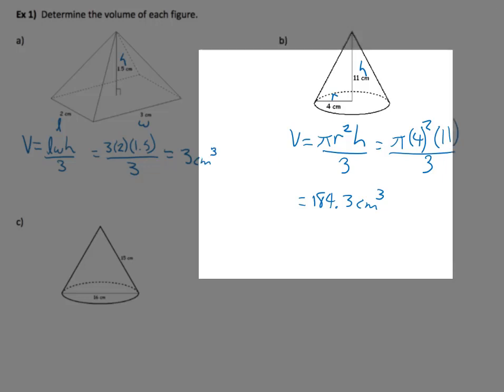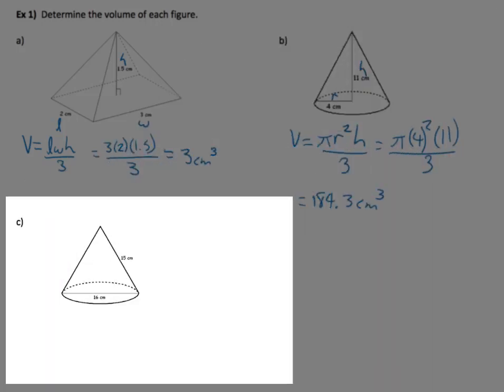Okay, the next example is where things get a little bit tricky. We're not actually given the height. So I have the height here, h, which isn't given, and I'm not given r.